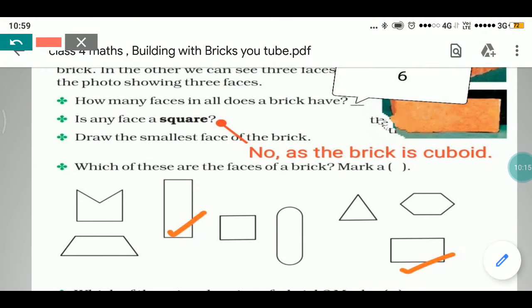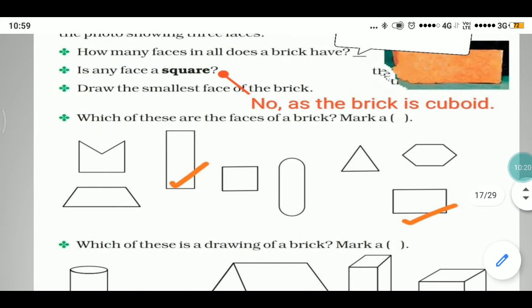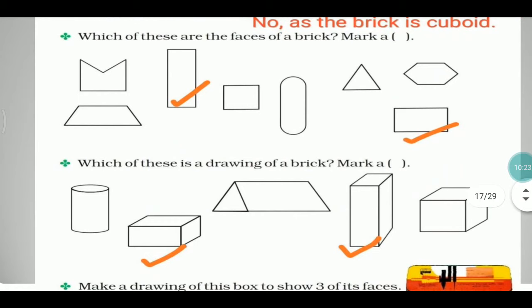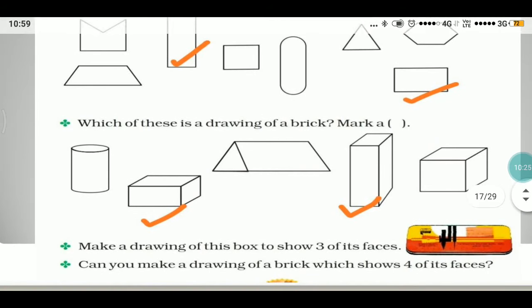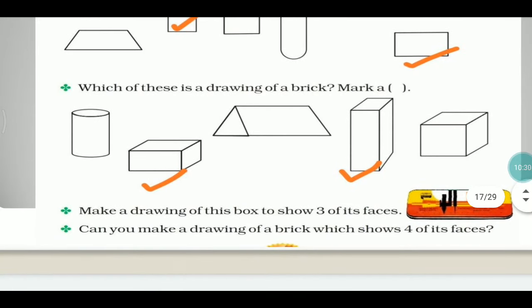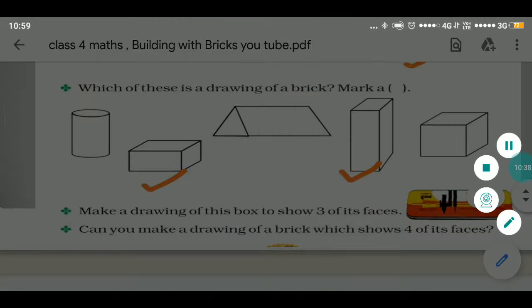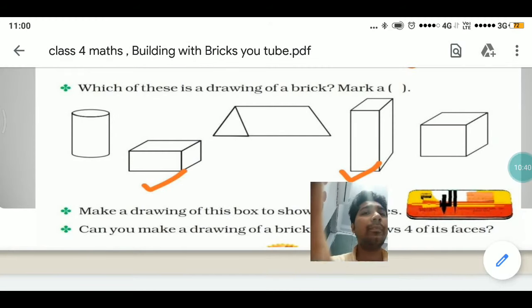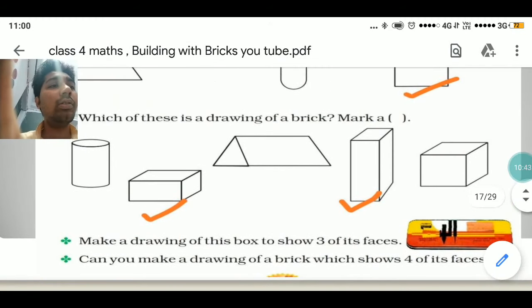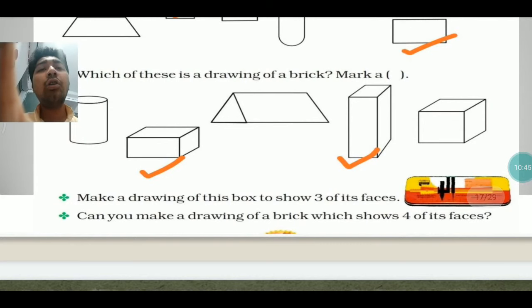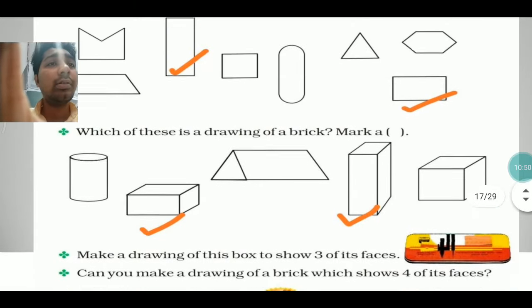Which of these are the faces of a brick? 2 and the last one. Which of these is a drawing of a brick? Students, look at the picture. Next, make a drawing of this box to show 3 of its faces. Students, you draw it. Look students, how you will draw a box which shows 3 of its faces.